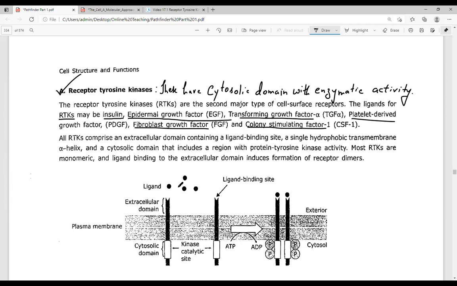So you can find this is the extracellular domain and this is the ligand that is going to bind to it. For example, this ligand could be an epidermal growth factor.